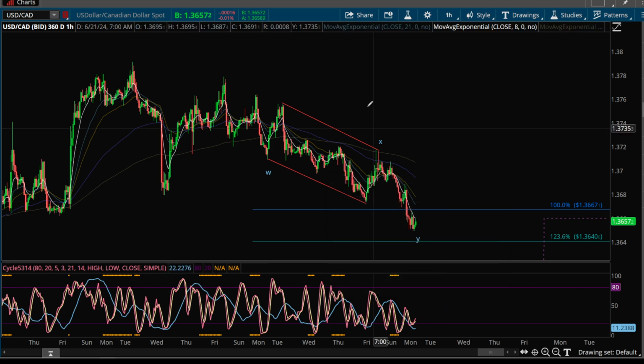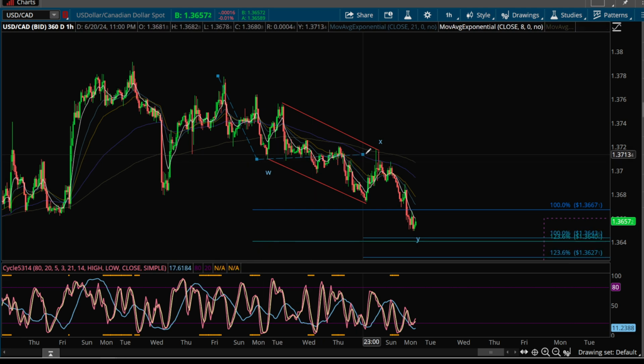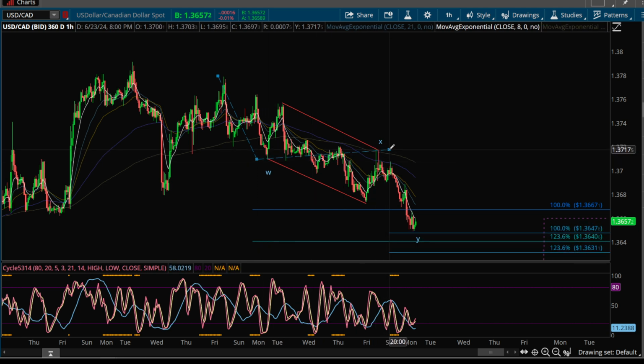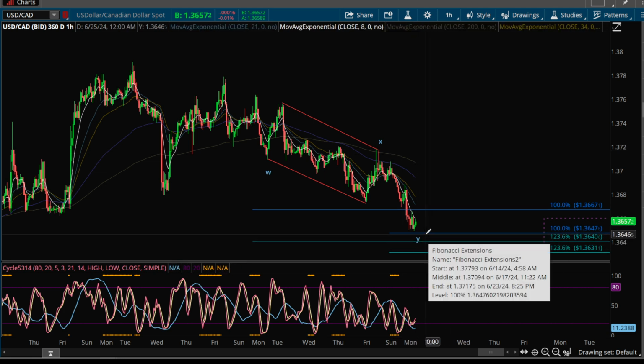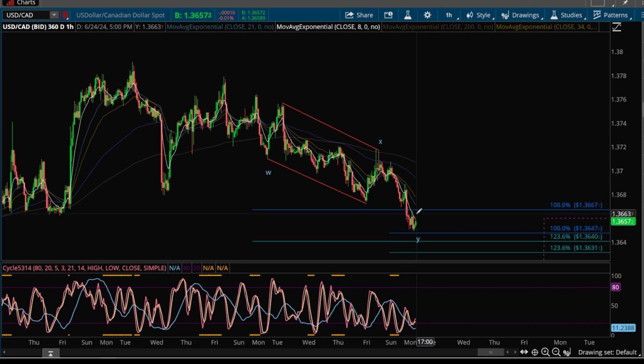All right. And we'll measure that. So we'll measure the W to the top of the X. And you're coming into the 100 of that now. All right. So the 100 of your lower degree WXY is falling in line with the 100 and 123.6 of this larger degree.